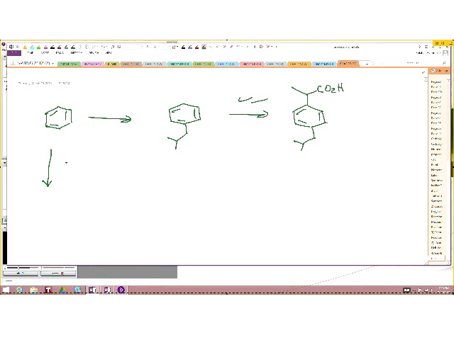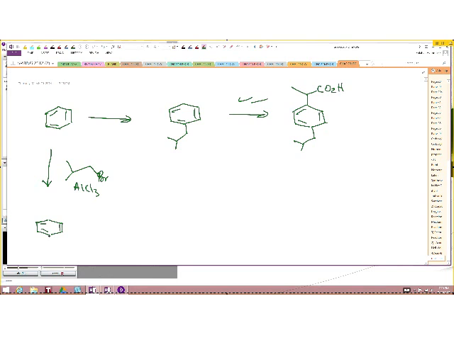Now keep in mind, I know some of you might be thinking, why don't you use this, or the chloride in the presence of aluminum chloride? If you do that, you are going to get this here, because you remember during alkylation, you form a carbocation, and the carbocation will rearrange to form the more stable carbocation.